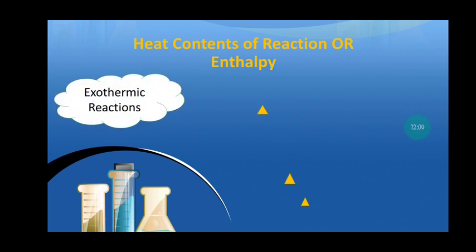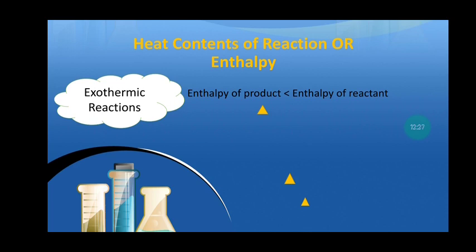Now let's check them out on the basis of exothermic and endothermic reactions. In an exothermic reaction, the enthalpy of product is always less than the enthalpy of reactant. Obviously, the system conditions will be changed now. Before and after the reaction, the condition of the system in which the reaction is carried out will be changed.